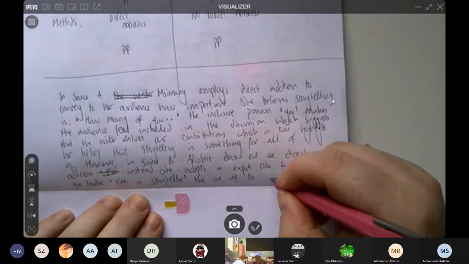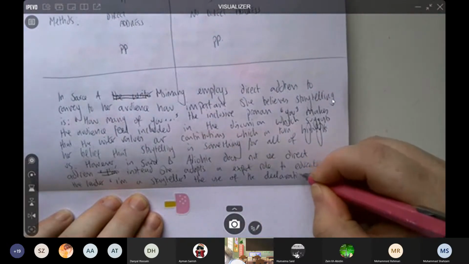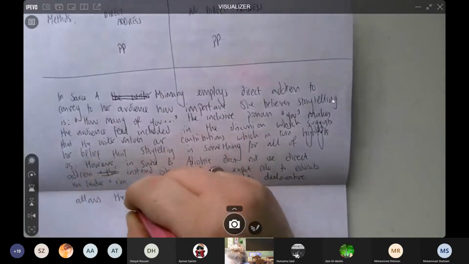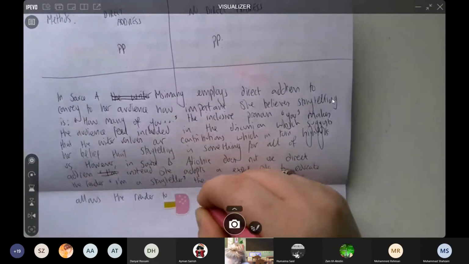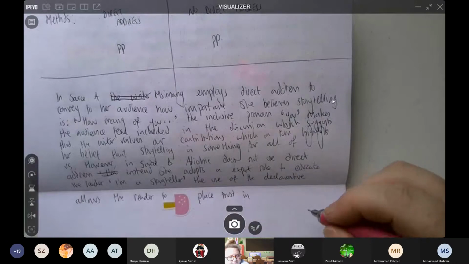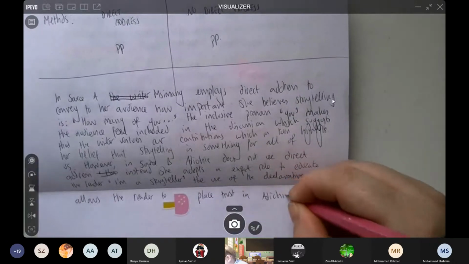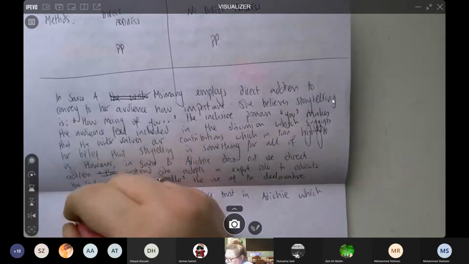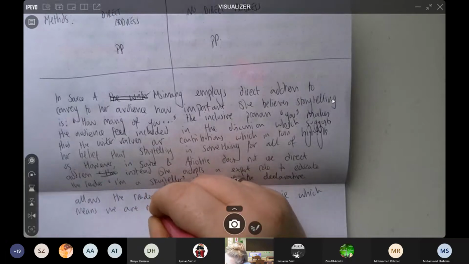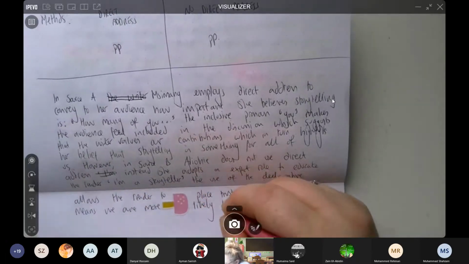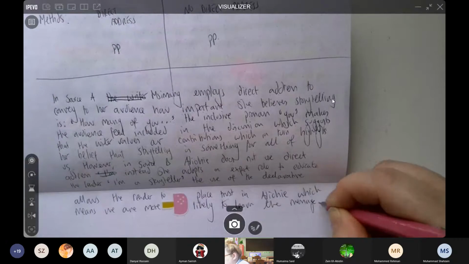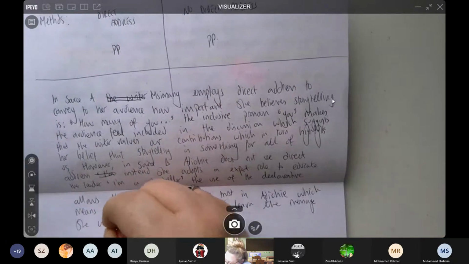So the use of the declarative allows the reader to place trust in Adichie, which means we are more likely to learn the message she wishes to convey.